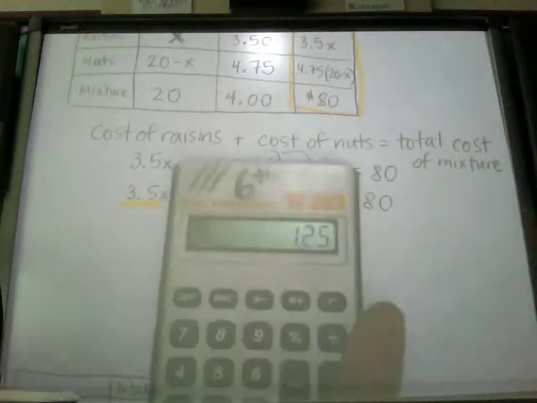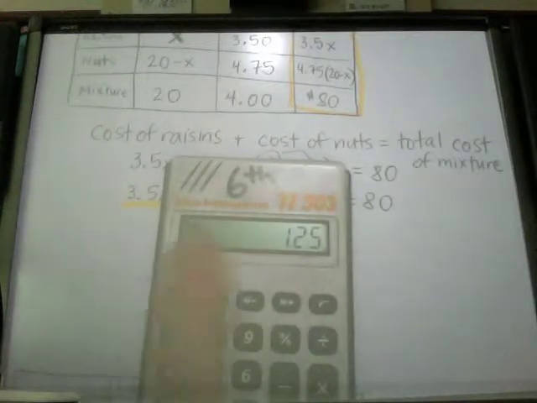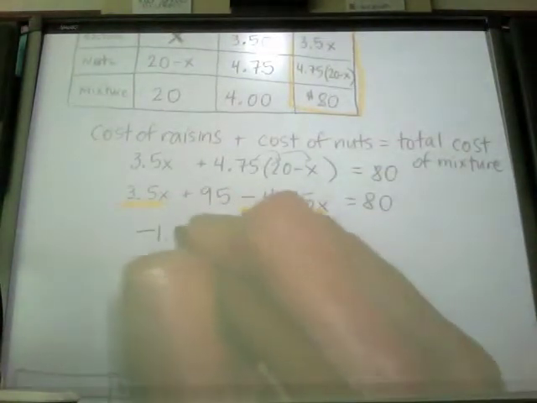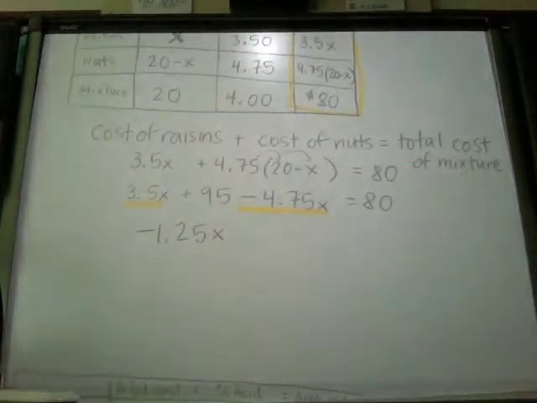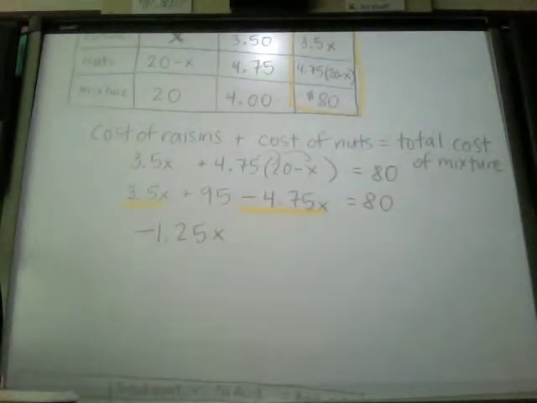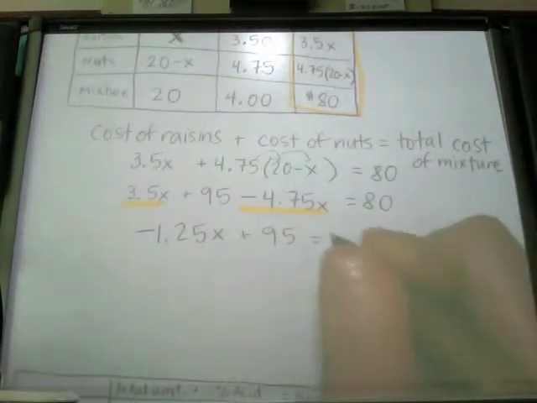I just typed 3.5 minus 4.75. Now this will be negative. Mine doesn't show the negative very clearly there, but negative 1.25x is what I get from combining those. Does that make sense? I got that? Just taking the numbers, 3.5 minus 4.75. That's how many X's. I still have plus 95 equals 80.